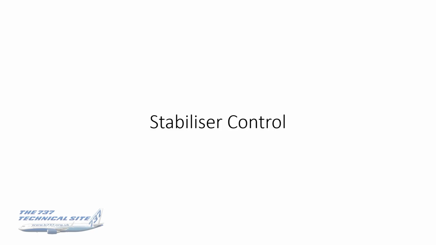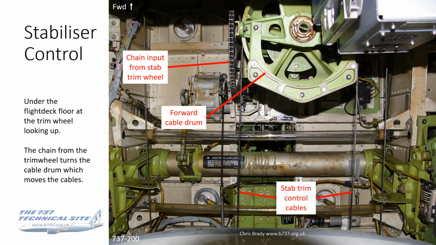So stab control, let's see how that's done. This photo I took in the underside of a very early model 737-200, and the reason why I'm using it, well, first off, is it's the same in all generations of 737, so it still looks like that, even in the Max.